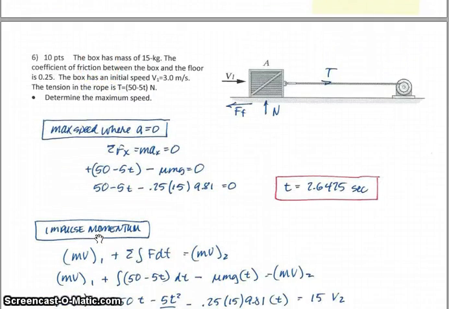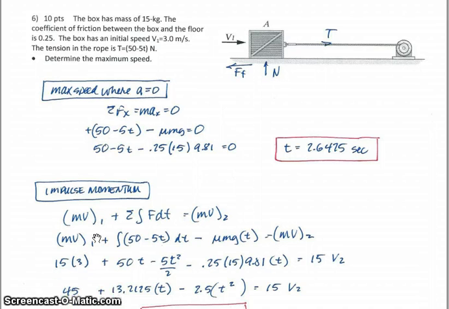All right, now this one was an impulse momentum problem. We did about 4 or 5 of these where we're trying to find the maximum or minimum speed in a particular scenario. And we said that where the acceleration is equal to 0, that's where the maximum speed generally occurs. So we can start with the sum of the forces in the x is mass times acceleration in the x.